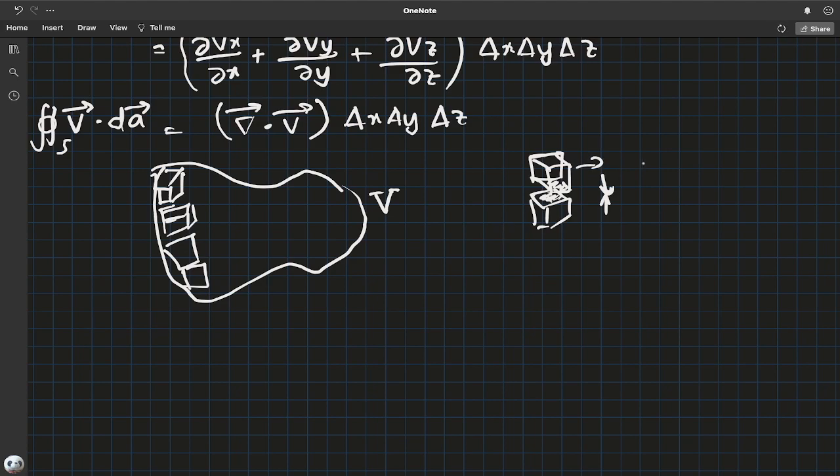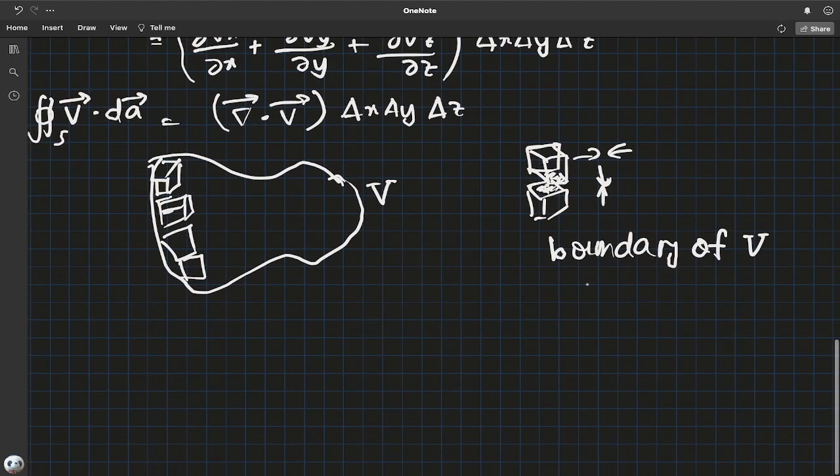And this is also true for these sides. So all adjacent surfaces will basically get canceled out until you remain with the sides that are not touching any other side, the face of a cube that is not touching the face of any other cube, which is just the boundary of the volume V. And the boundary of a volume is just going to be the surface area of whatever figure this was.